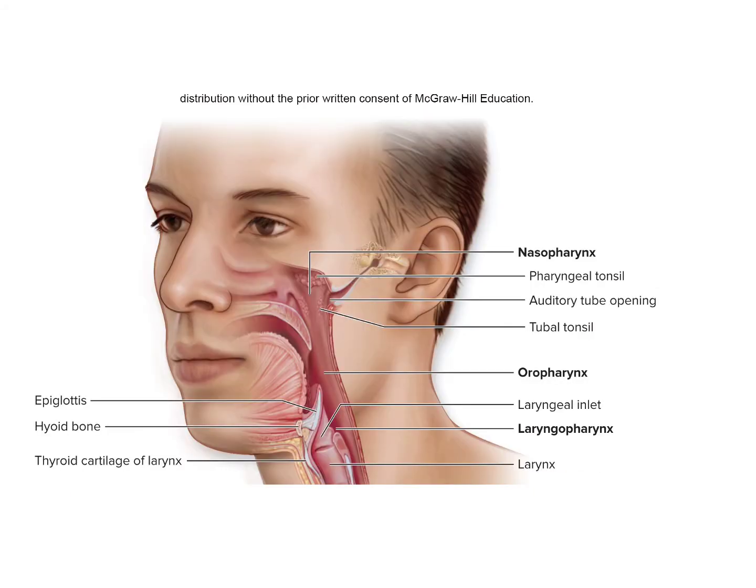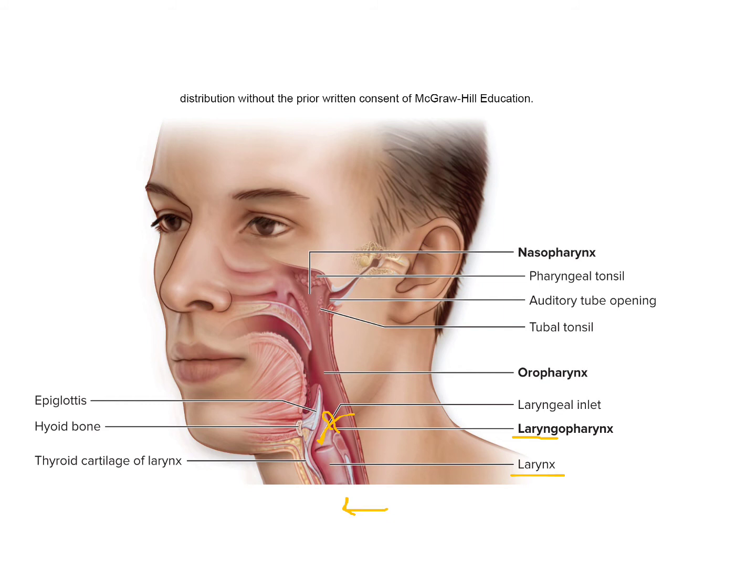All right, the next structure we encounter is the larynx, or the voice box. This is a cylindrical airway between the laryngopharynx and the trachea, so it's a passageway for air. Notably, it prevents ingested material from entering the respiratory tract, and there's the epiglottis that would cover this superior opening to prevent that material from entering when swallowing.